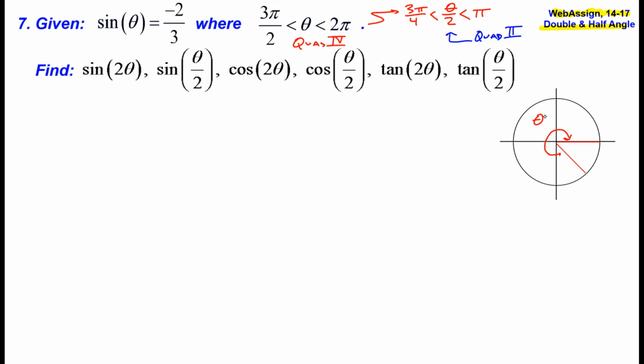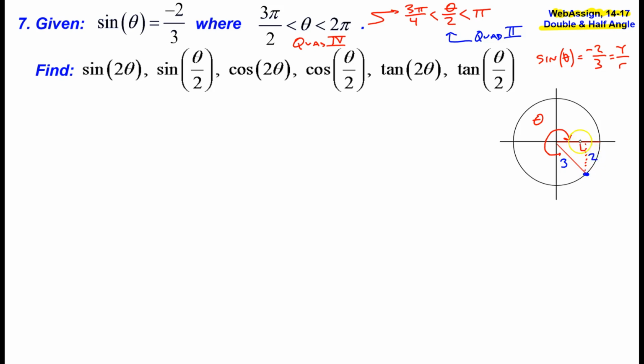And let's take a look at sine theta. Well, sine of theta is negative 2 over 3, and I remember that sine is equal to the y-coordinate divided by the radius. So that means the radius of this circle is 3 units. And this vertical leg here is going to be 2 units.